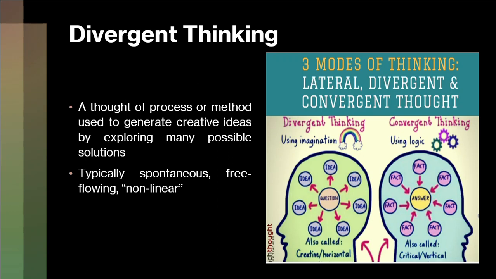But for divergent thinking, we begin with just one question and we try to come up with as many possible solutions as we can. You just throw out your ideas without any limit. Free-flowing, spontaneous. Don't limit yourself. This divergent thinking is also known as creative or horizontal thinking.